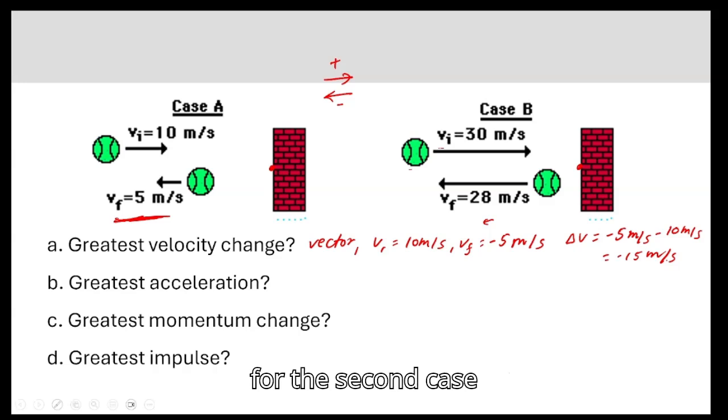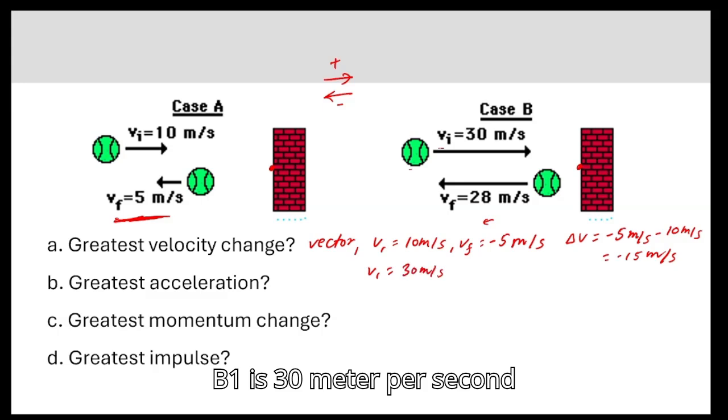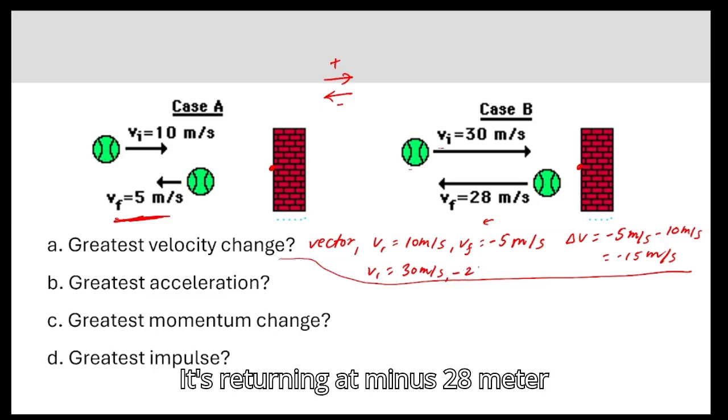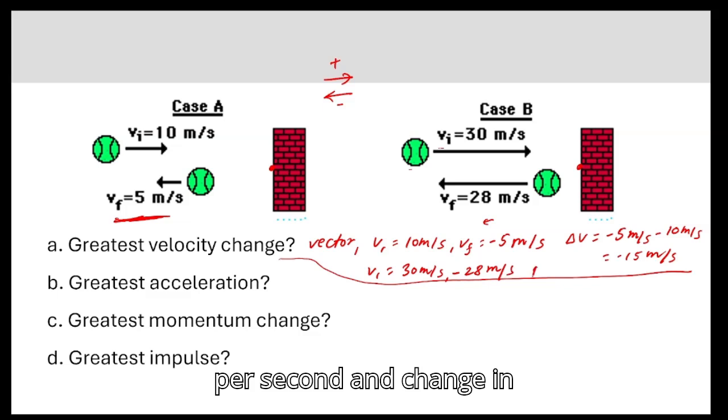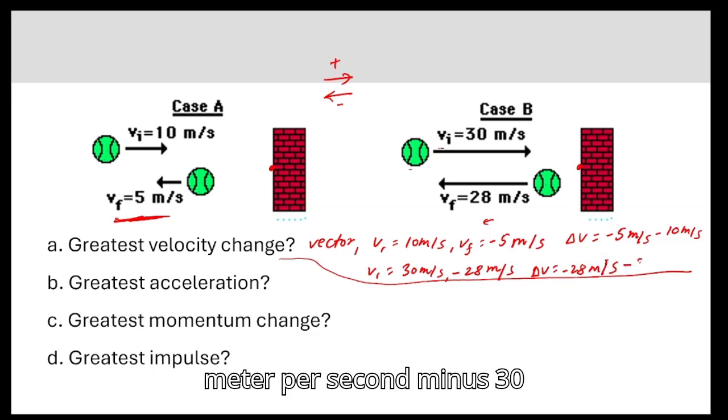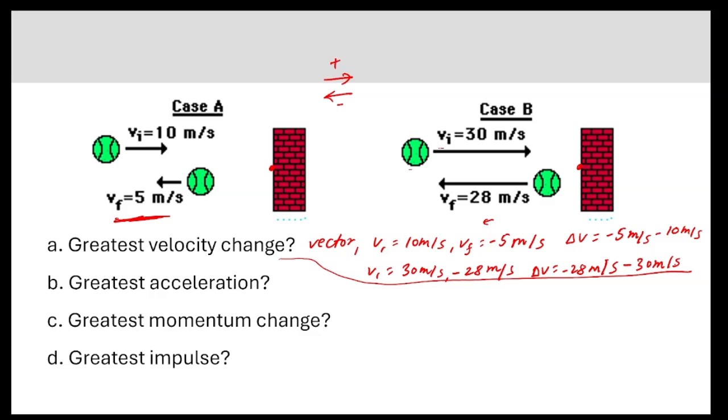And for the second case, v1 is 30 meters per second, and it's returning at minus 28 meters per second, and the change in velocity is minus 28 meters per second minus 30 meters per second, which equals minus 58 meters per second.